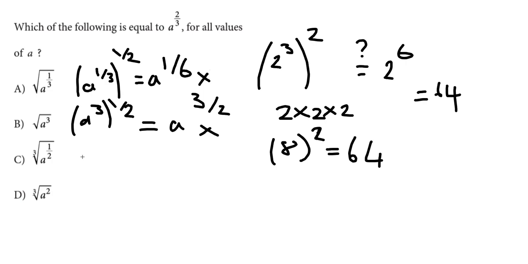You can do the same thing here, a to the 1/2. Since you have this 3 here, the exponent is 1/3, not 1/2. That means the exponent is 1/3. This is the same thing as a to the 1/6, which is the same thing as option A. That's also incorrect.